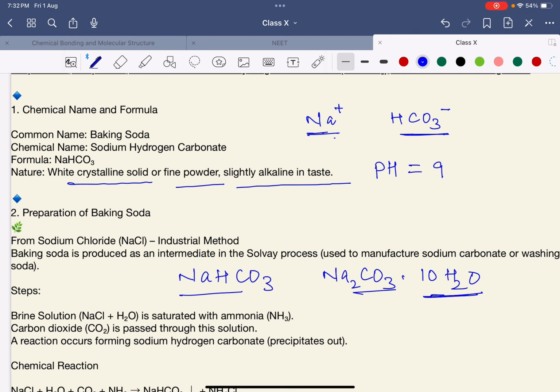So, brine solution means NaCl plus water, saturated with ammonia.